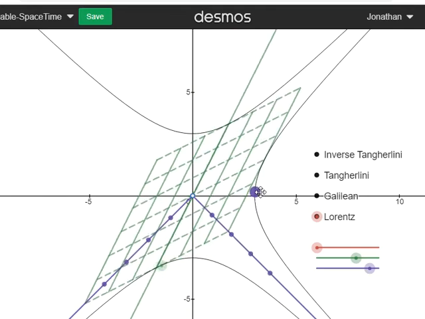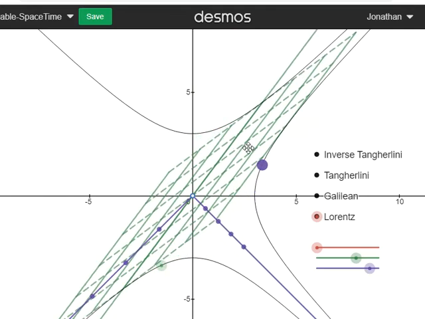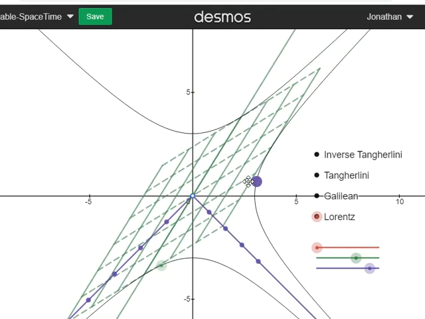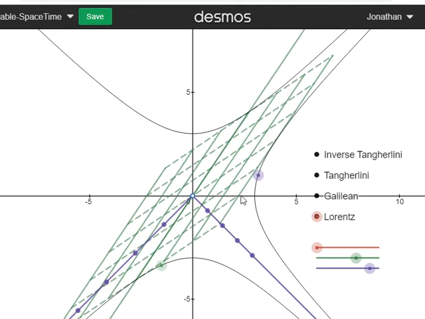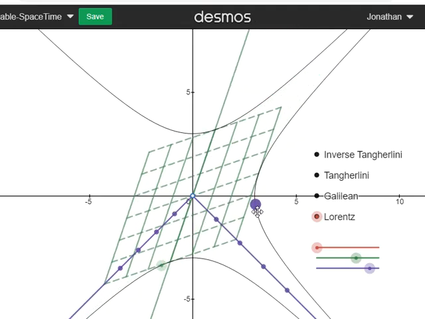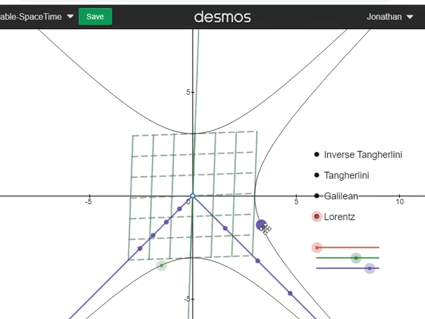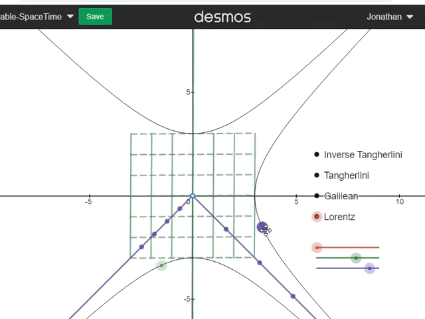Let me use one solid. So this dot here, where the dashed line meets the solid line, I'm going to do the Lorentz transformation on that so that the dashed lines are horizontal and the solid lines are vertical.